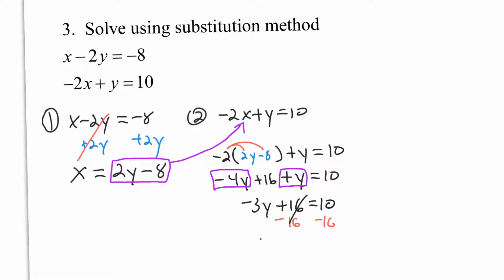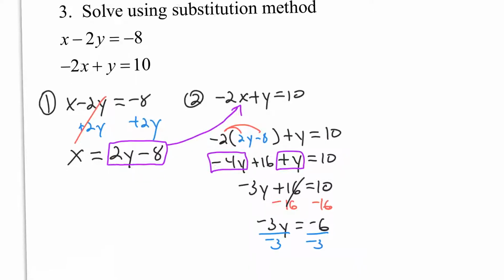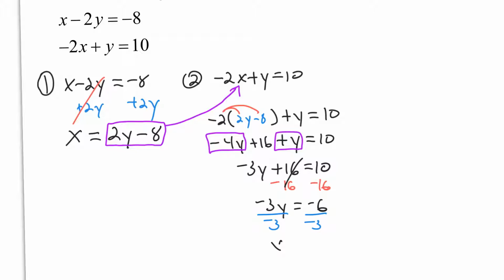So this cancels. Negative 3y equals, this one here is a negative 16, so we get negative 6 on this side. Finally, divide by negative 3. And my answer is going to be, for the y, positive 2. This turns into 1 here, and negative 6 divided by negative 3 is positive 2.